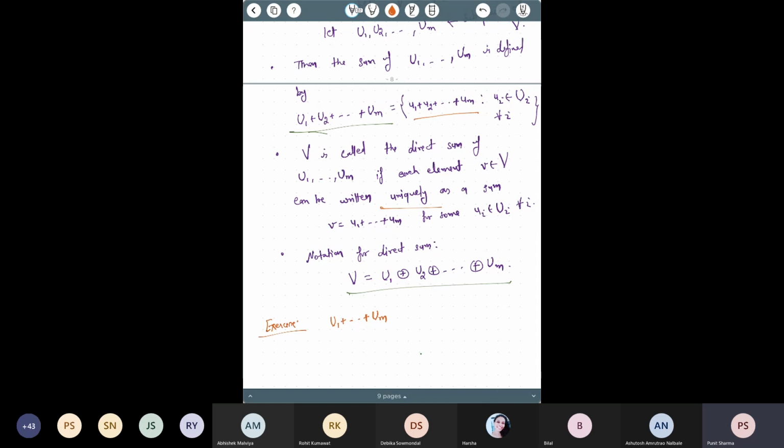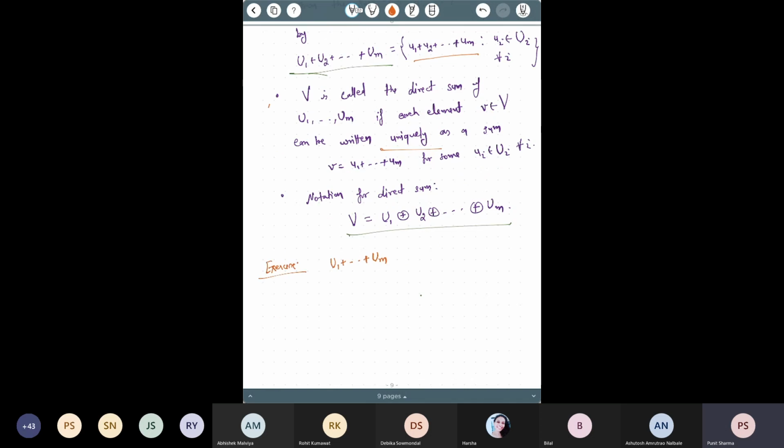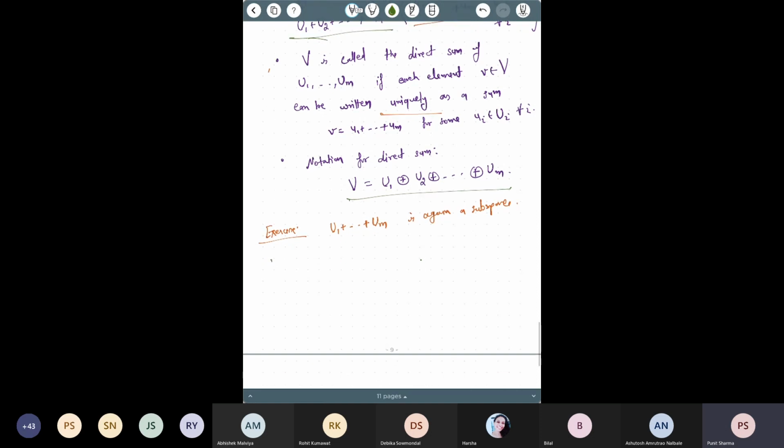Okay, now I will give you one example where you will see why the uniqueness is important. So you can verify that the sum of subspaces is again a subspace of V. Because you asked this, let us take one example here.